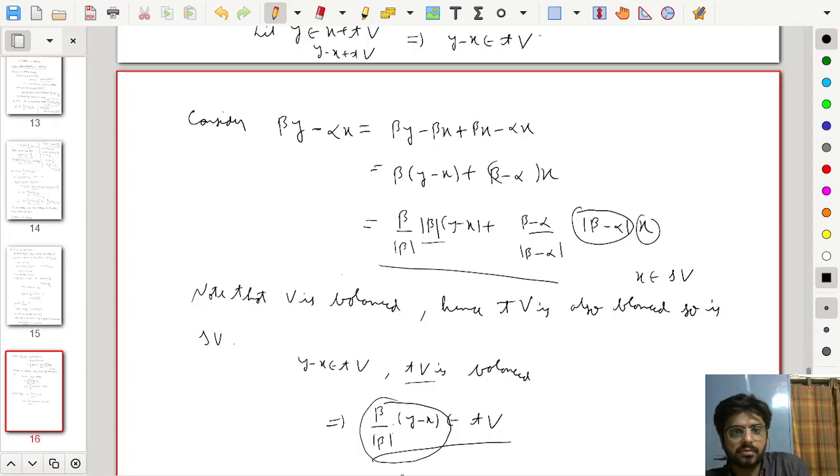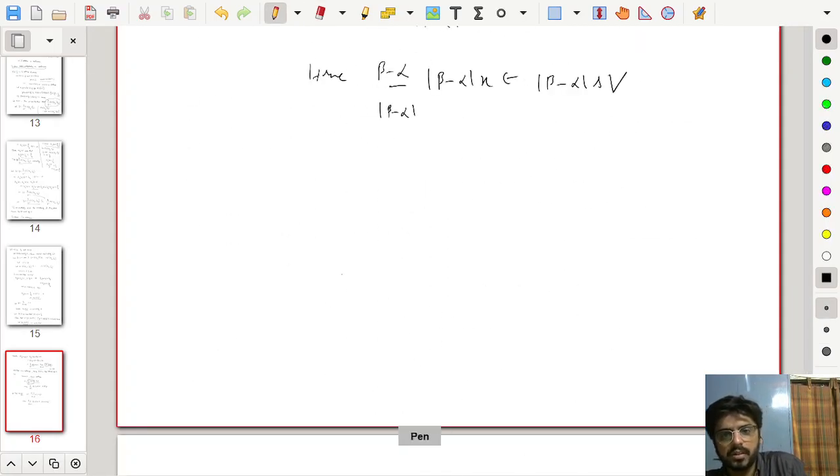This expression, let me write it again. Beta y minus alpha x. Is it correct?